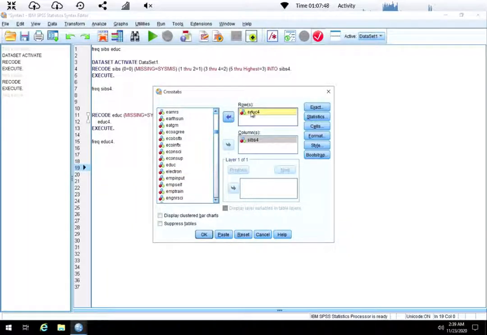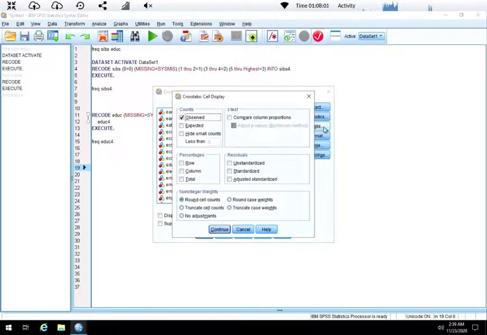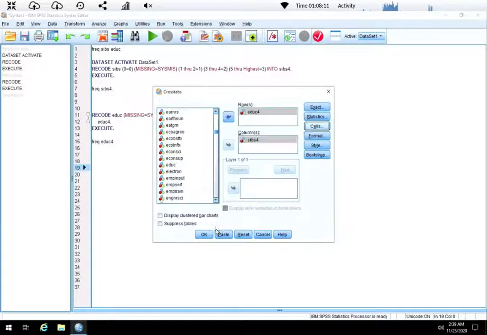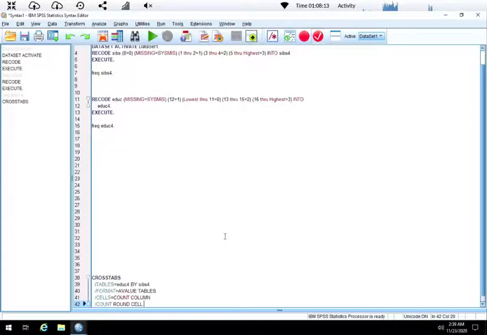So place that variable in the rows box, and you have SIBS in the columns box, and we're going to have SPSS provide percentages in columns. So click on the cells button, go to the column box under percentages, click that, click continue, and paste your syntax.